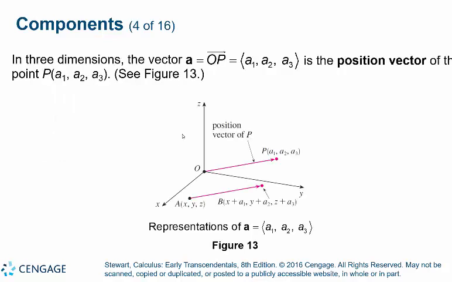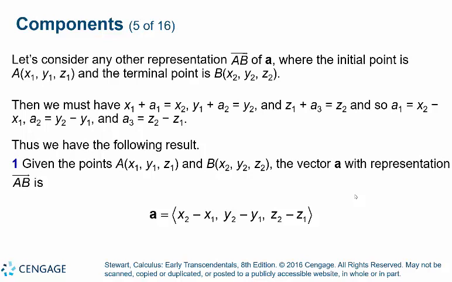In three dimensions, the vector OP is a position vector from the origin to the point (a1, a2, a3). Just remember, a position vector starts from the origin. This is another representation of A, just shifted x units, then y units, then z units over. Let's consider any other representation of that vector A, where the initial point is (x1, y1, z1) and whose terminal point is (x2, y2, z2).